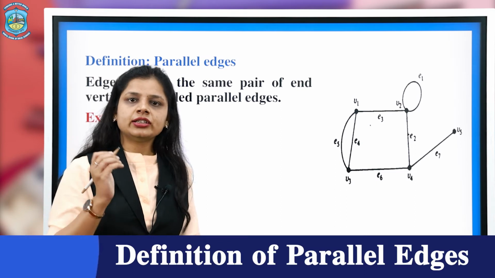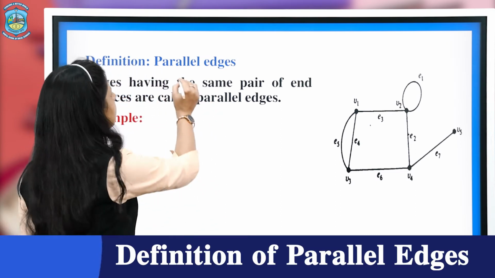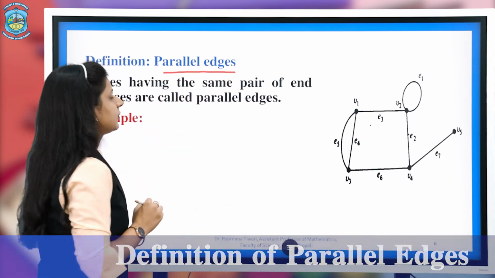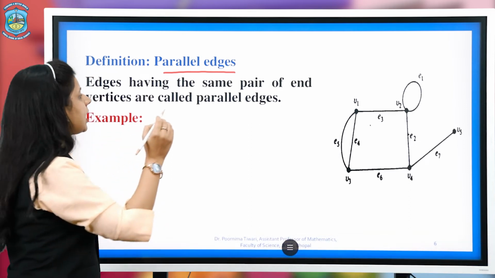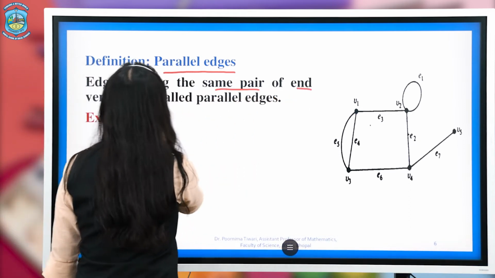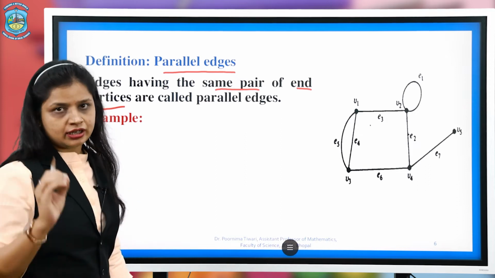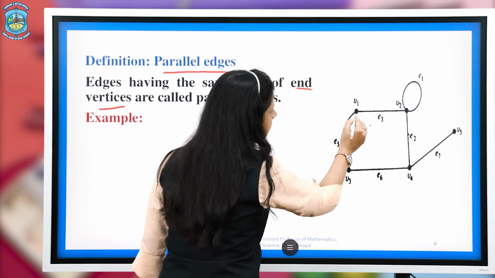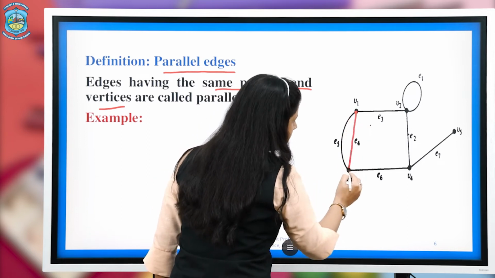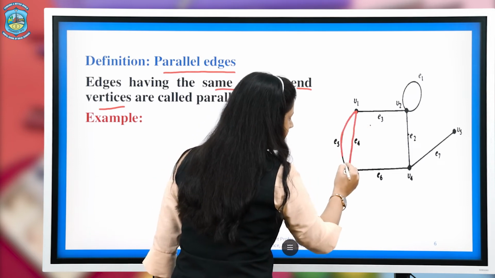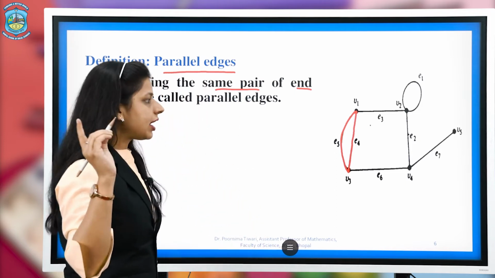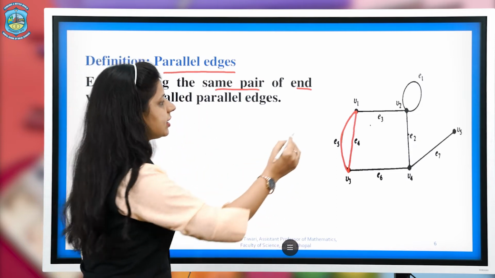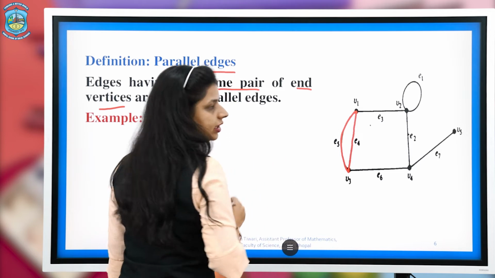Next definition is parallel edges in a graph. Edges having same pair of end vertices are called parallel edges. If we observe this graph, we find that edge E4 and edge E5 are identified by pair of vertices V1 and V3.